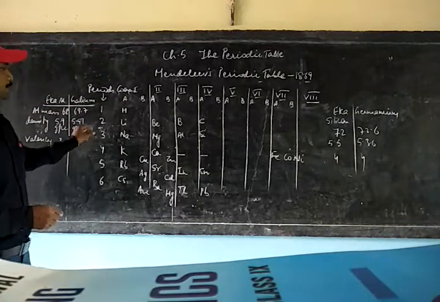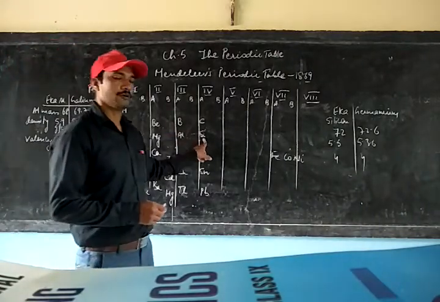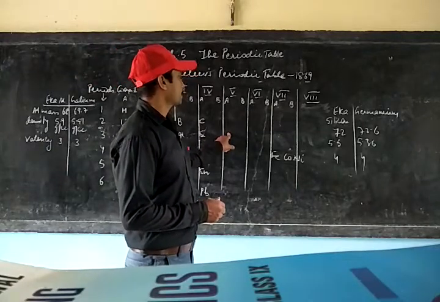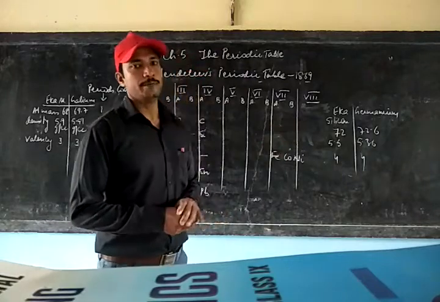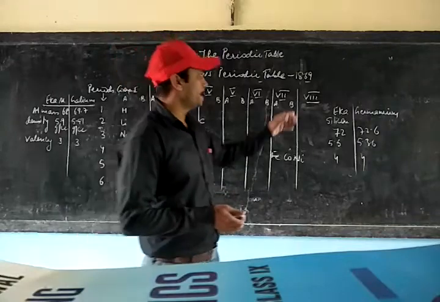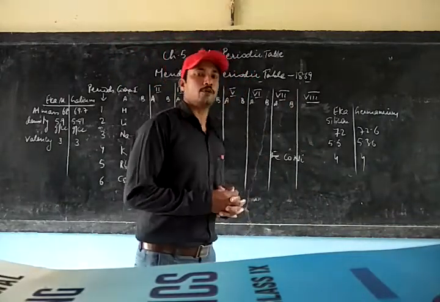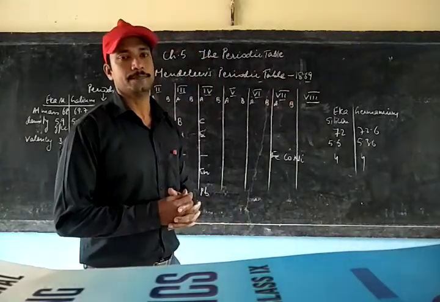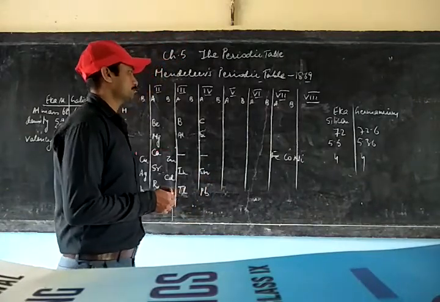In period number 3 we have elements like sodium, magnesium, aluminium, silicon, then phosphorus, sulfur, chlorine. Today in group number 8 we find inert gases, but since inert elements were not discovered at that time, we do not find elements kept there, except a few elements that we will discuss afterwards.